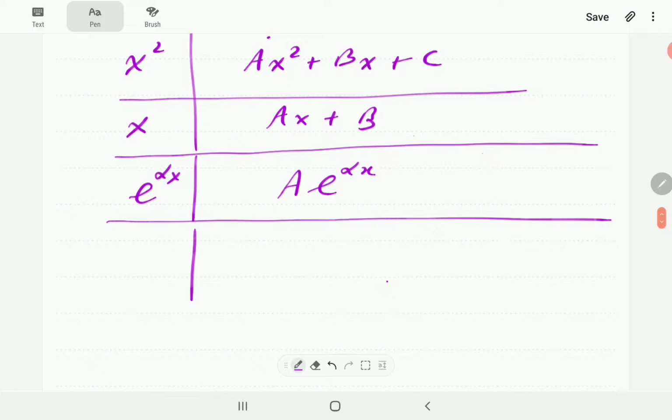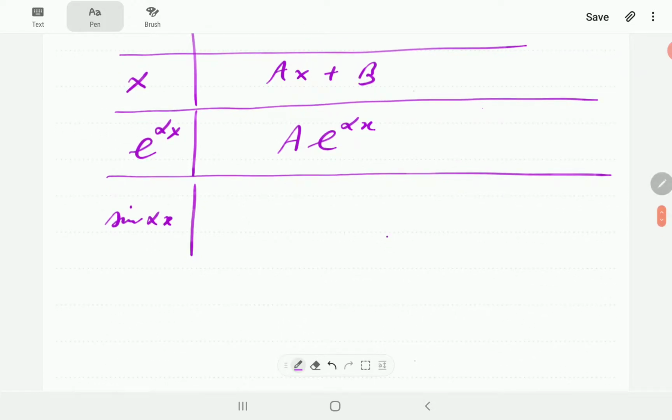If f of x is sine alpha x or cosine alpha x or both, maybe let me just do this separately. Then we assume yp to be a cosine alpha x plus b sine alpha x.